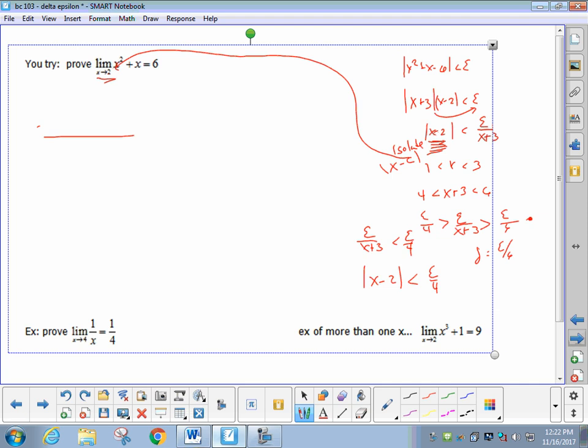I get this step over here, but then I don't understand what it is. You need something in the middle of these two things.